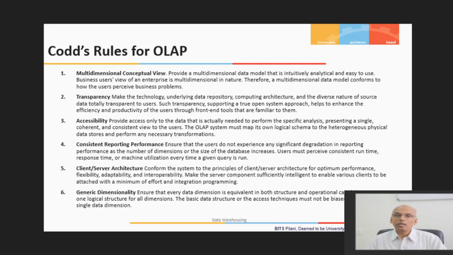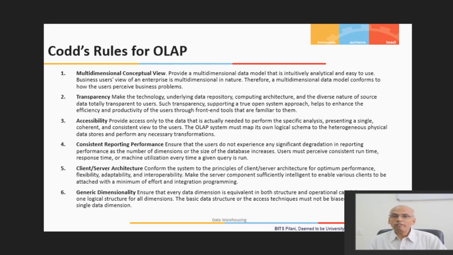So for example, a retail chain deals with, let's say, 10,000 products that they sell in their stores, and they have 100 stores that are spread over the country for which they are doing the analysis.